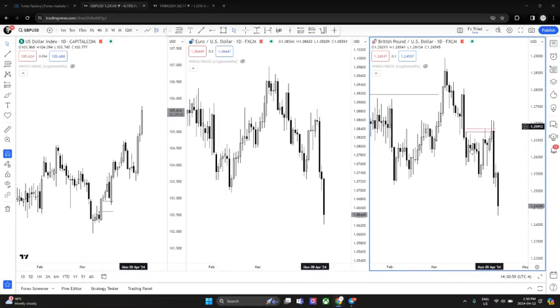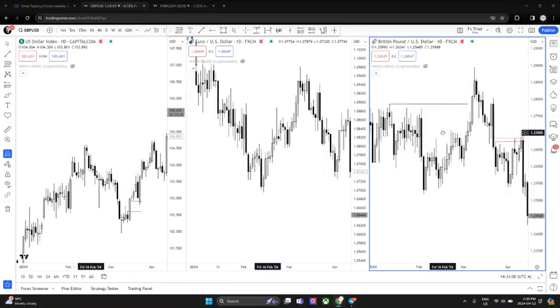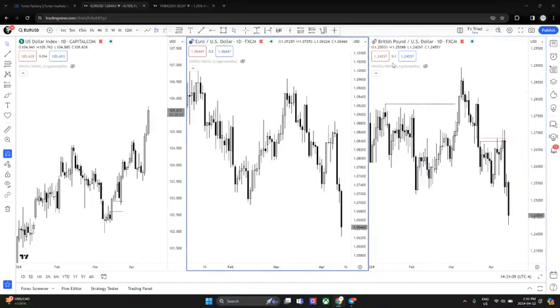Why was that? This was due to the fact that the higher time frame sequence, the higher time frame cycle, was bearish for the foreign currencies, and by that I mean Euro and GBP USD.